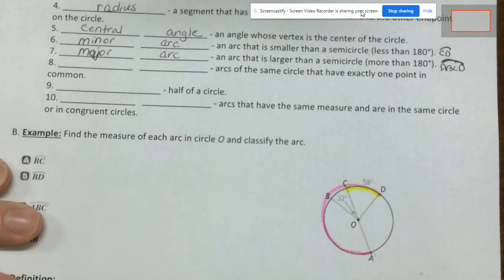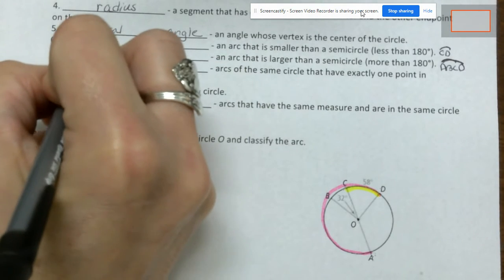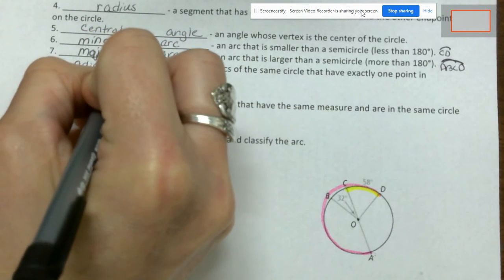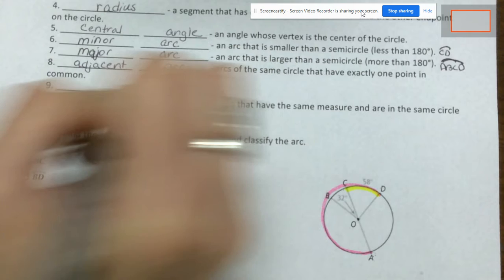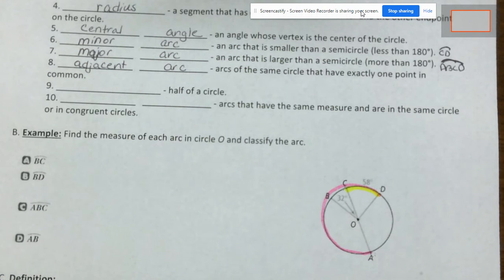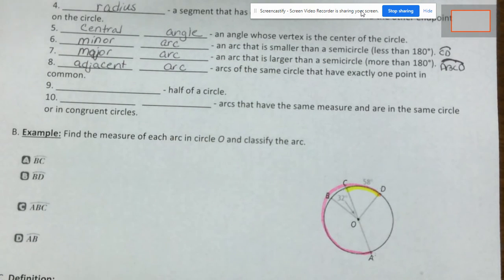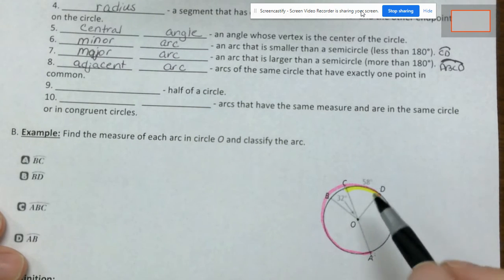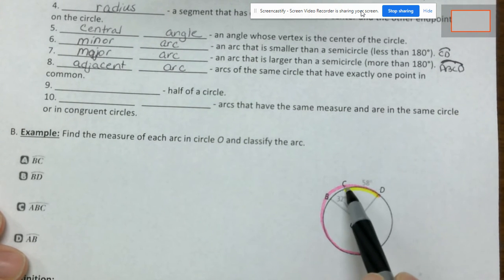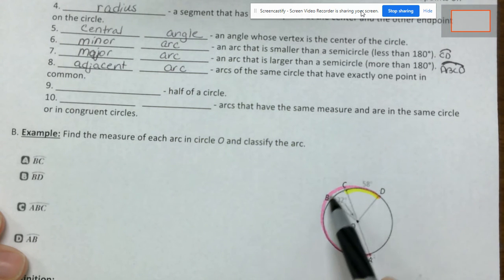Okay, for number 8, that is what we call an adjacent arc. Those are arcs of the same circle that have exactly one point in common. So, for instance, I could say adjacent arcs here would be arc CD and arc BC.